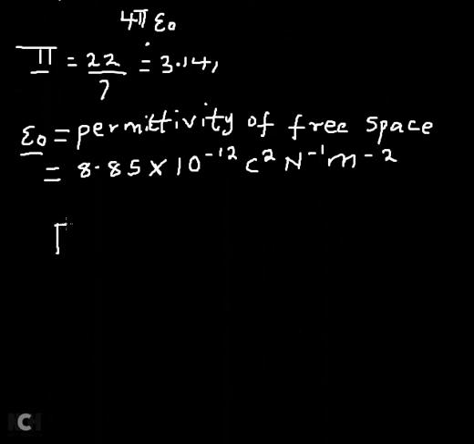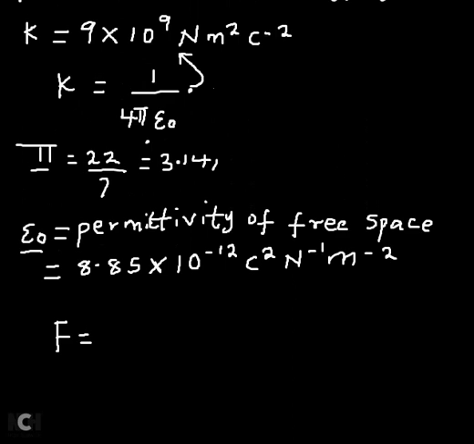Since we already know that k is 1 over 4 pi epsilon 0, electric force can also be given as q1 multiplied by q2, divided by 4 pi epsilon 0 multiplied by r squared.